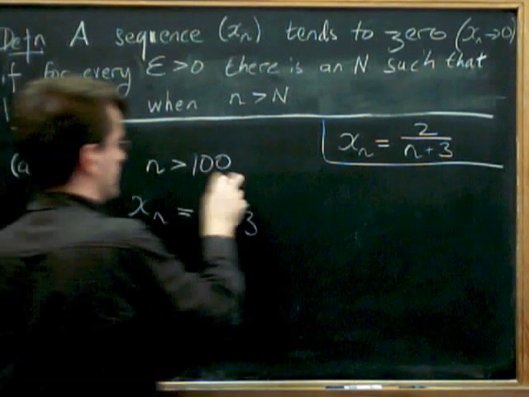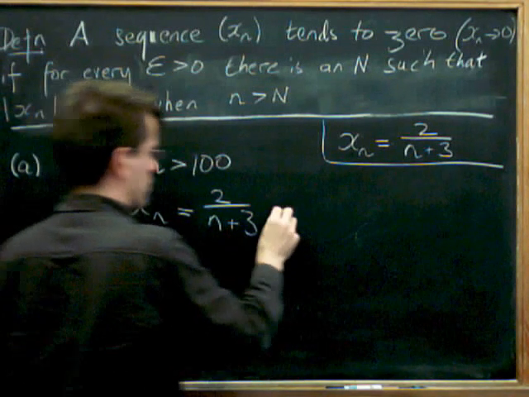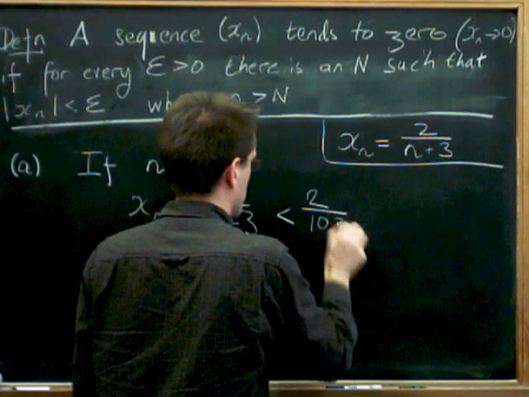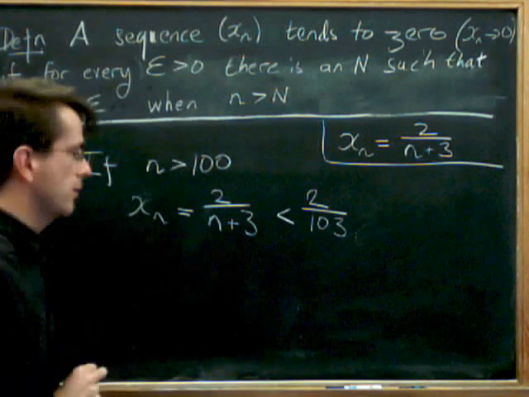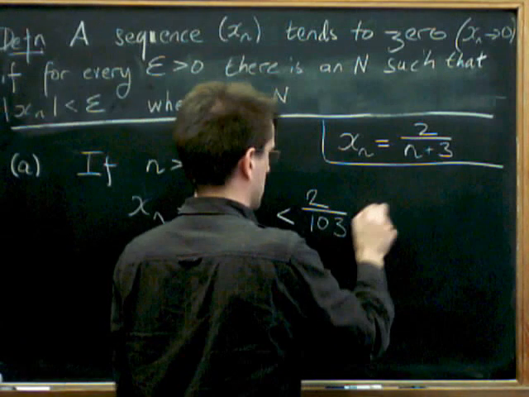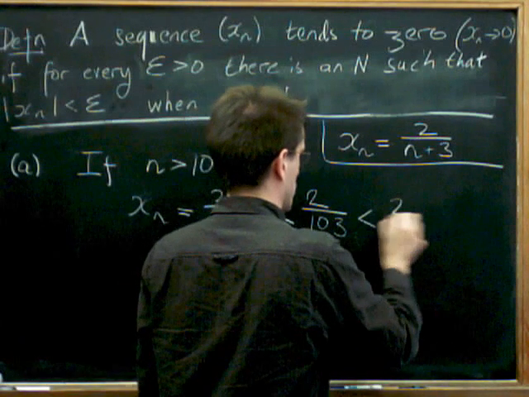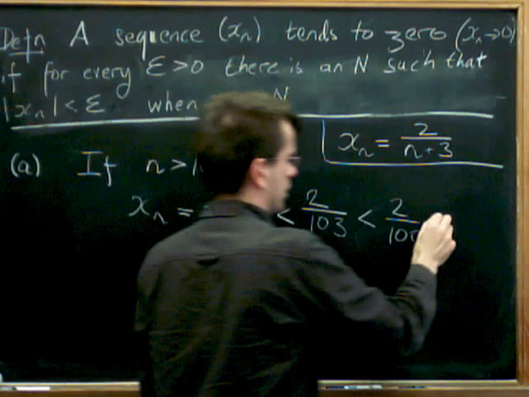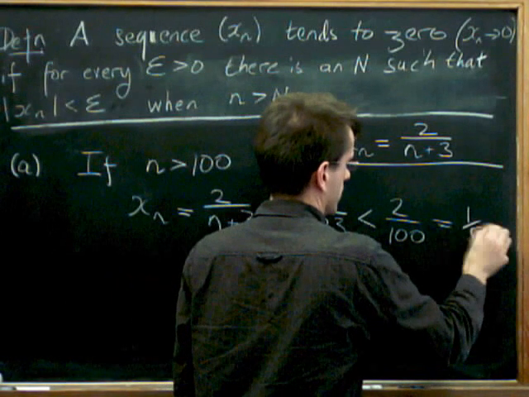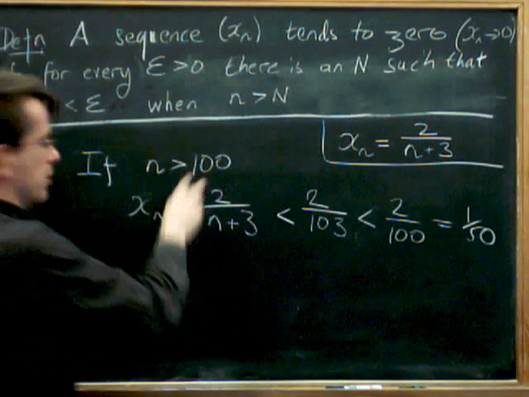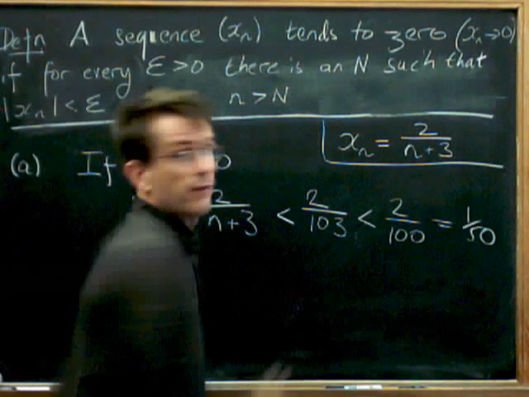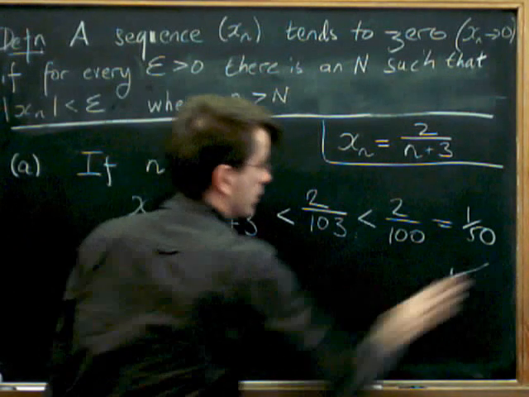So n plus 3 is bigger than 103, so this is less than 2 over 103. 2 over 103 is less than 2 over 100, which is equal to 1 over 50. So if n is bigger than 100, then the nth term is less than a 50th, so we're done.